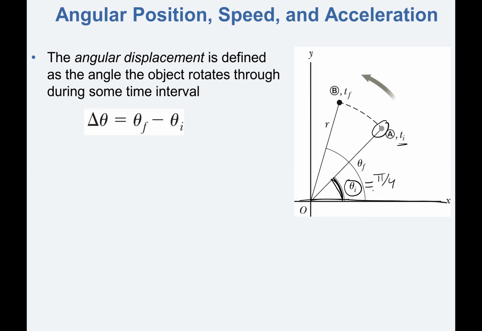And then it would go from point A to point B at some later time. This represents its position when it gets to position B. And that position B is my theta final. Maybe that's, let's say, pi over 3 or something, okay?